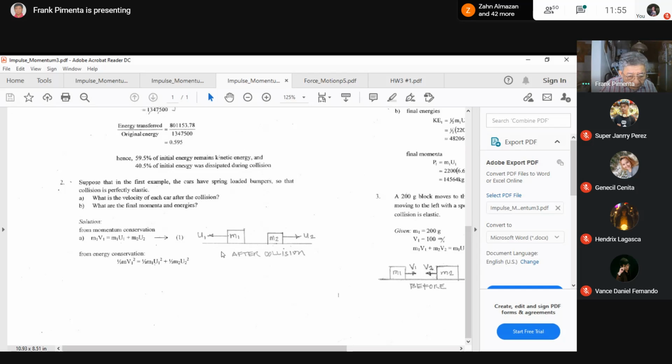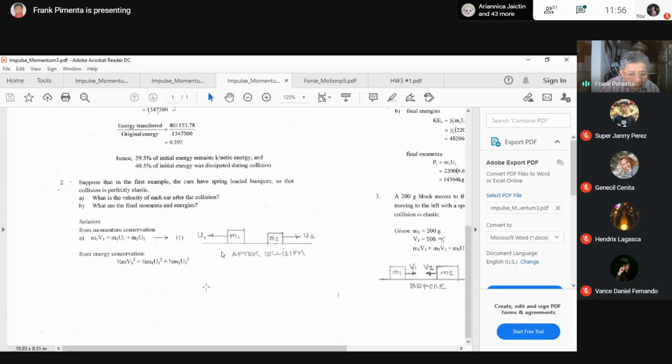From the energy conservation equation, since V2 is 0, we have only 1/2 M1 V1 squared equal to 1/2 M1 U sub 1 squared plus 1/2 M2 U sub 2 squared.